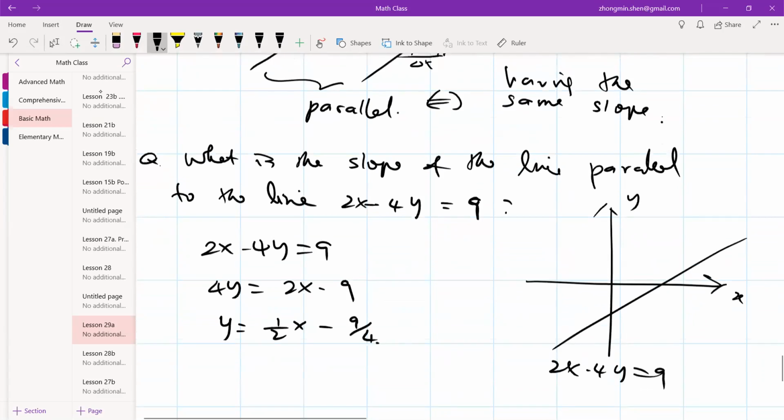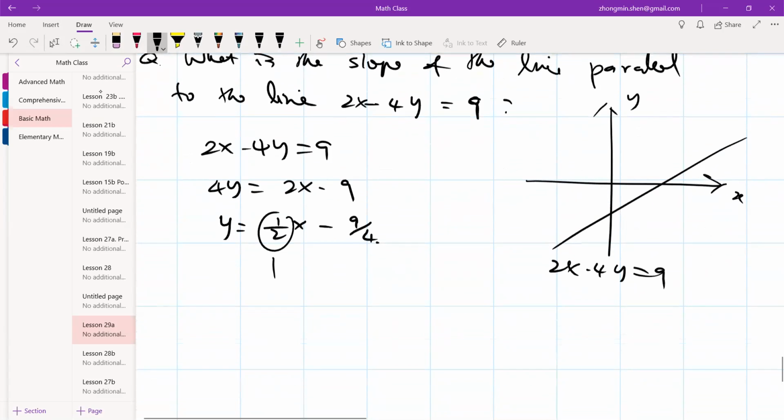Okay, so that means you get the slope of the line. The y-intercept is negative 9/4. This is the slope. Now another line parallel to this given line has to have the same slope.